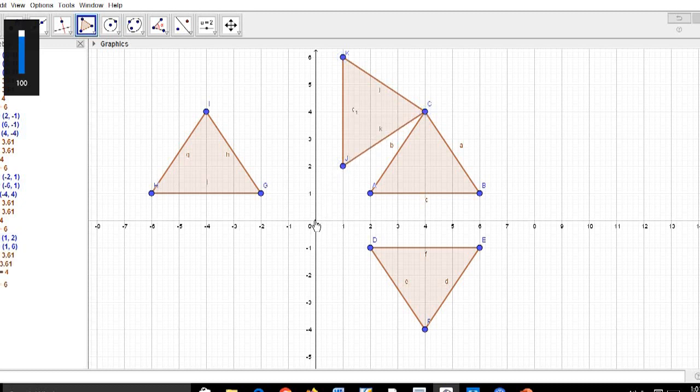You see that this is our line. The line y is equal to x passes towards the origin. So there is a reflection on the line y is equal to x.